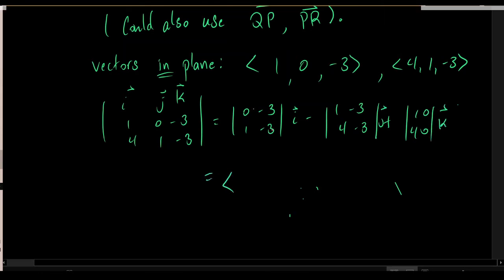And we get, it looks like 0 take away minus 3. Then negative 3 plus 12 is 9. And then we have 1 minus 0, so that's 1. And so we have obtained our normal vector, 3, minus 9, 1.